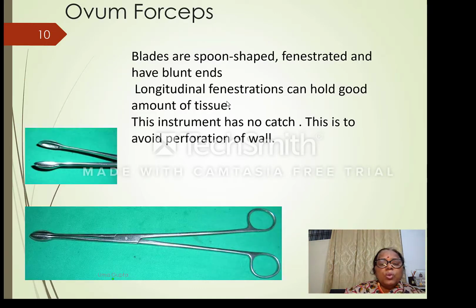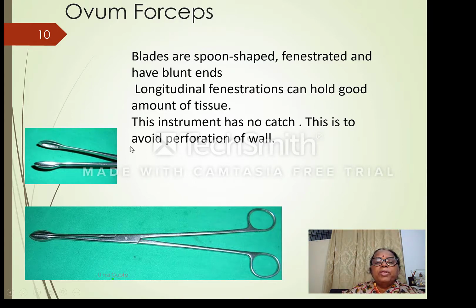Now next is ovum forceps. The ovum forceps is a long instrument which is not having any catch, and the end is having 2 fenestrated blades which are having longitudinal fenestration. This is in order to have a grip of the tissue and hold the tissue which you are going to remove.